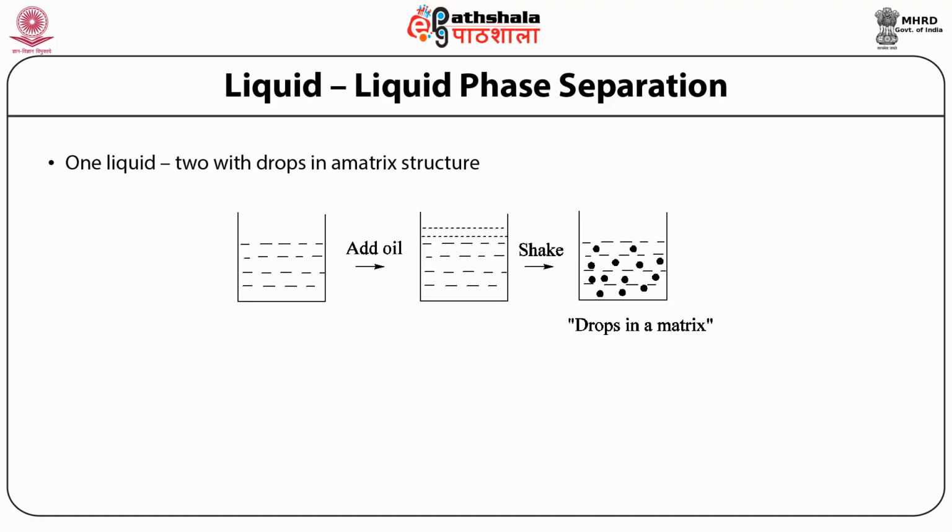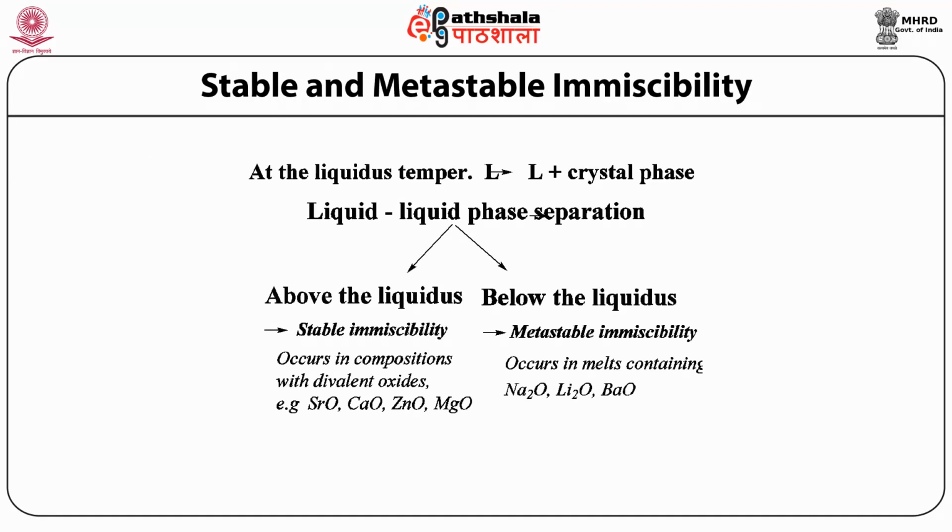In glasses also, a single liquid phase can separate into two immiscible phases under certain conditions. This is called liquid-liquid phase separation. The liquidus temperature is defined as the temperature at which a crystalline phase begins to separate out from the liquid.